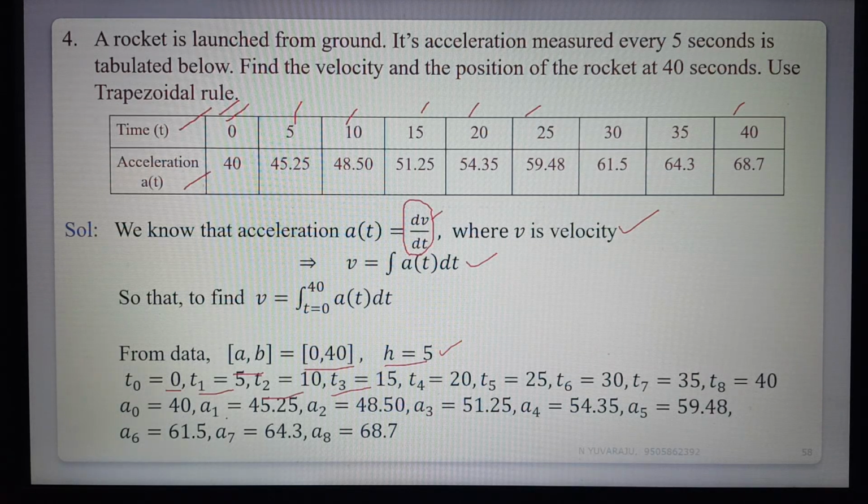The y values are the accelerations: a0 is 40, a1 is 45.25, a2 is 48.5, a3 is 51.25, a4 is 54.35, a5 is 59.48, a6 is 61.5, a7 is 64.3, a8 is 68.7. Now using the trapezoidal rule, directly substituting, we find the value.